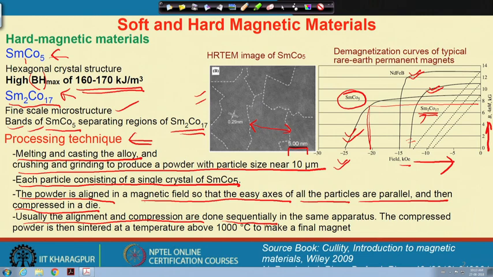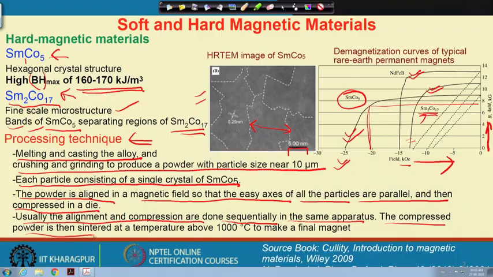Usually the alignment and compression are done sequentially in the same apparatus, and this alignment means magnetic alignment. The domains in the particle are aligned along a particular direction. The compressed powder is then sintered at a temperature around 1000 degrees centigrade to make the final magnet. So, this is a typical processing route of samarium cobalt hard magnets.